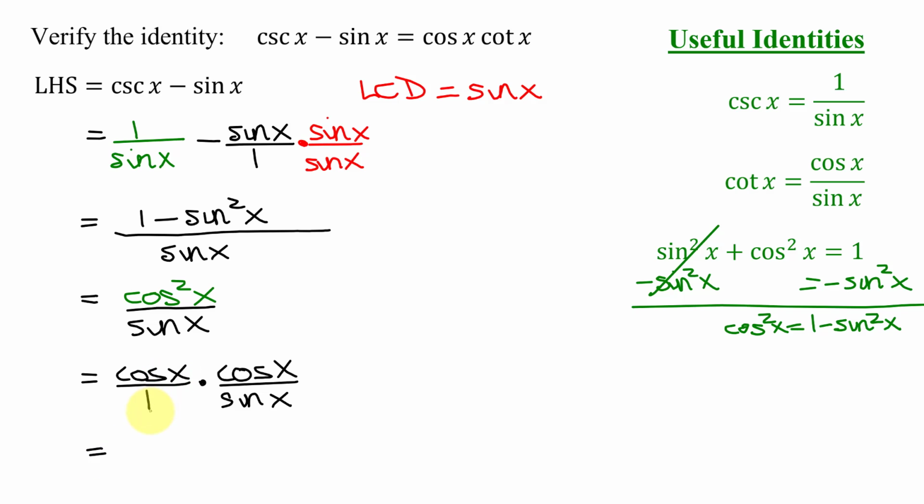So now cosine x over 1 is just cosine x, and cosine x over sine x is equal to cotangent of x. And now, is that my right-hand side? Yes. So I have shown that the left-hand side equals the right-hand side, so I have verified this identity.